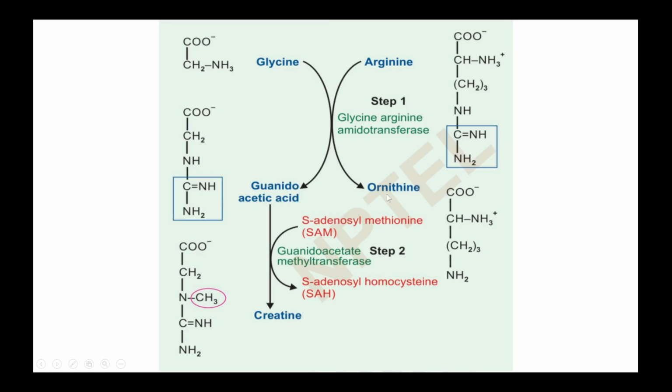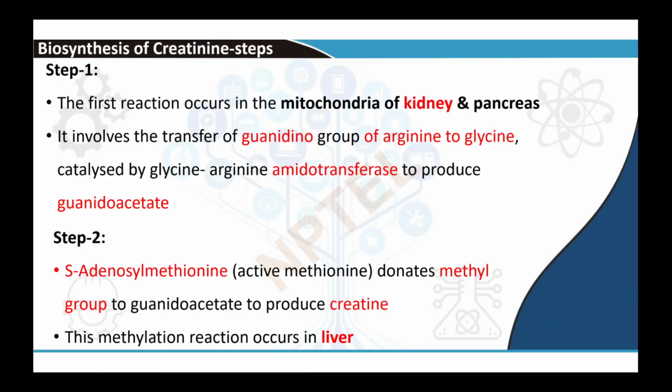From guanidoacetic acid, a methyl transfer reaction will occur, by guanidoacetate methyltransferase, and the methyl group donor will be S-adenosylmethionine. Once the methyl group is transferred to this N, so it's the N-methyltransferase, we'll get the compound called creatine.